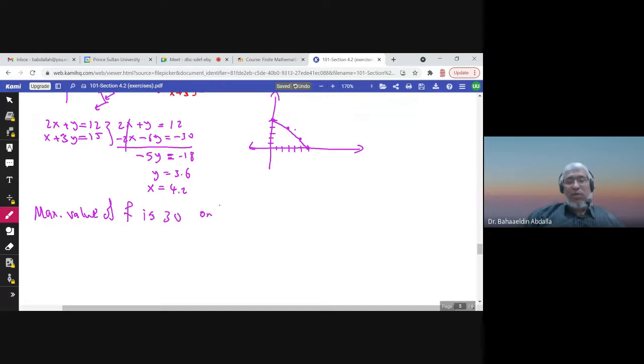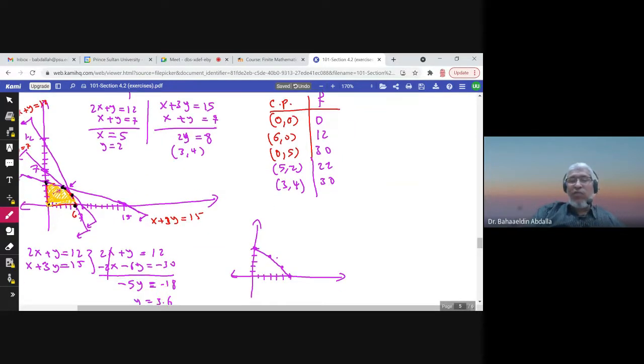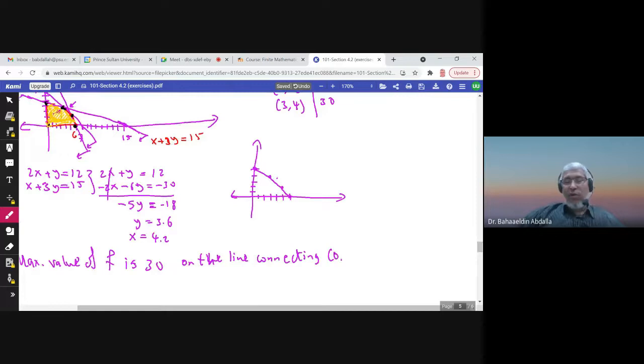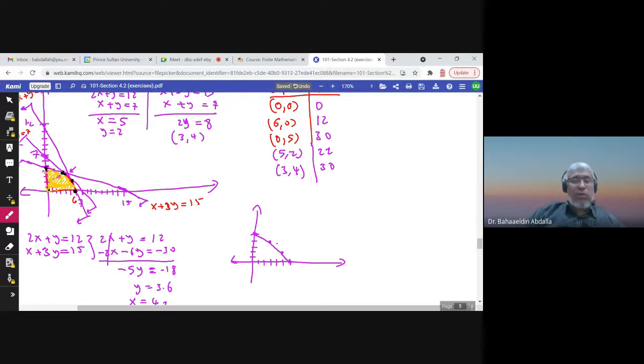at on the line connecting which points 0, 5, and 3, 4. So this is 0, 5, and 3, 4. So this line, I'll do it in black.